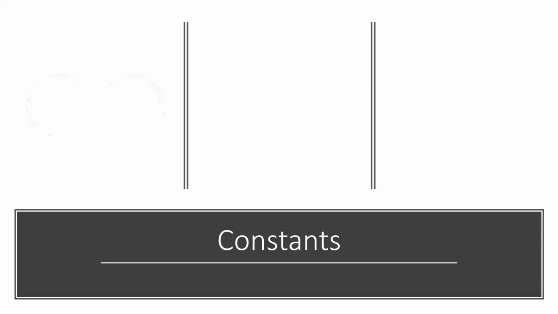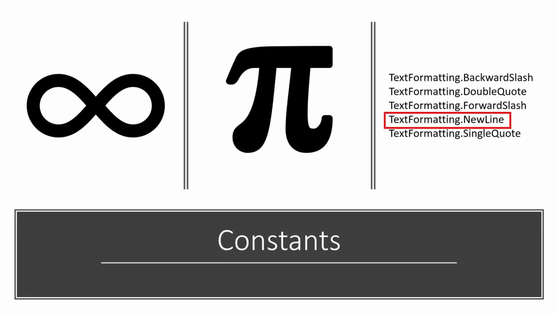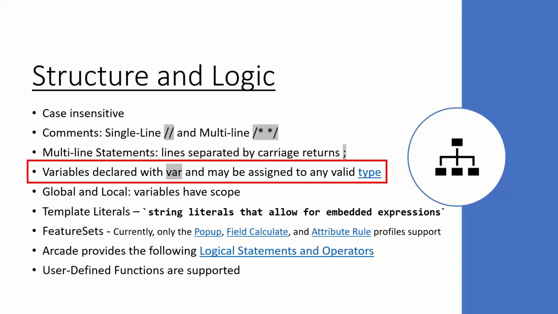Constants are just as they sound and include infinity, pi, and the text formatting functions. The text formatting new line function I will highlight in my demonstration. There's of course some basic structure and logic to familiarize yourself with. I won't read through all of these, just point out a few that we will discuss again during the demo. Variables can be assigned to any valid data type, and they are declared with var.